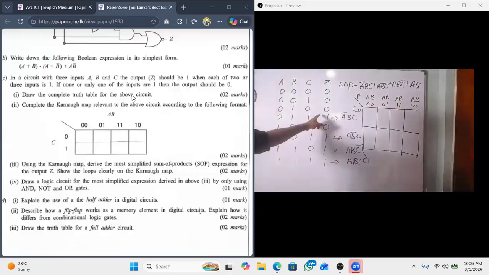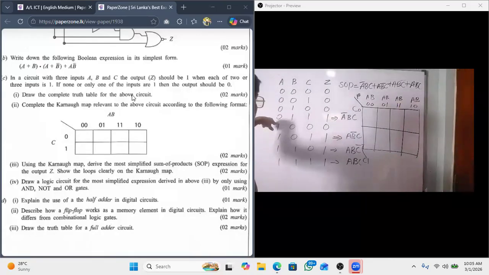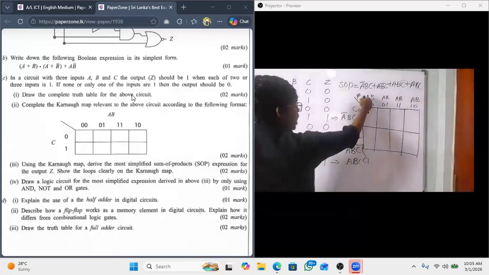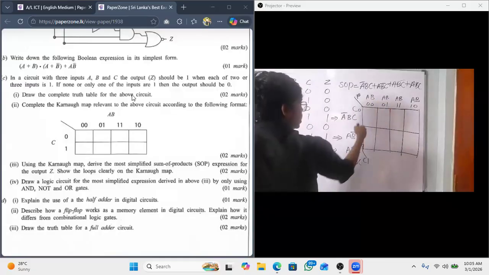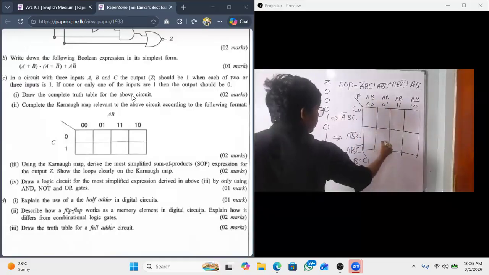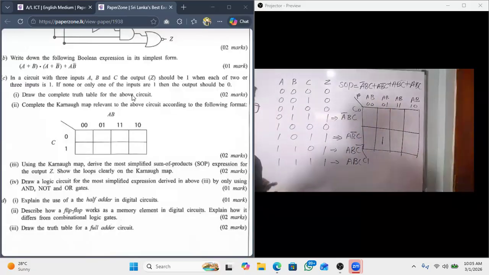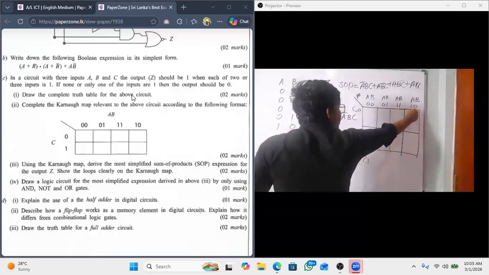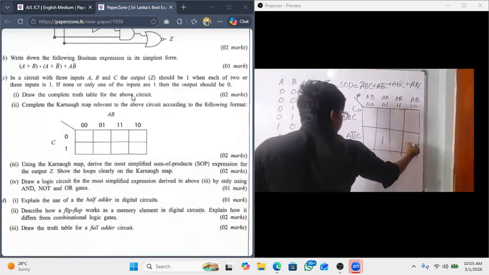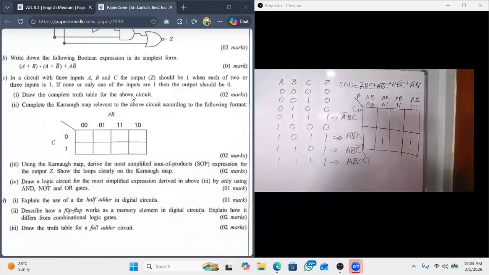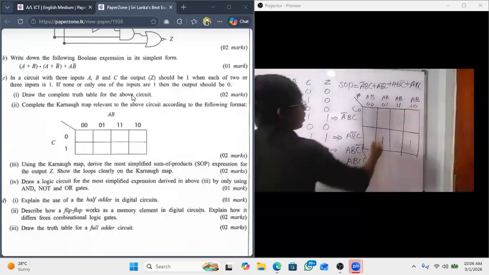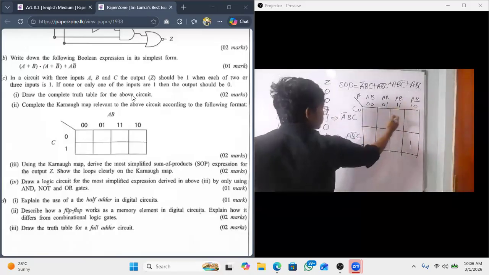Now we can write these min terms there. A0, B1, C1: this one. Next, A1, B0, C1: this one. Then A1, B1, C0: this one.